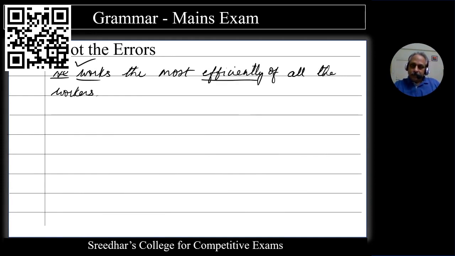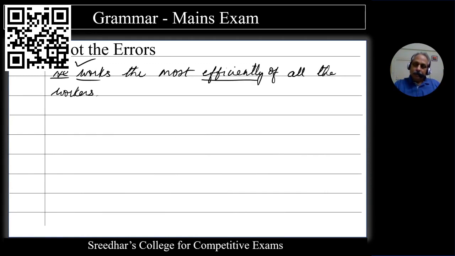Here efficiently is an adverb. Adjectives and adverbs change form to show comparison. They are known as degrees of comparison. There are three in number. What are they? Positive, comparative, superlative. Single syllable adjectives and adverbs take ER-EST. For example, fast, faster, fastest.